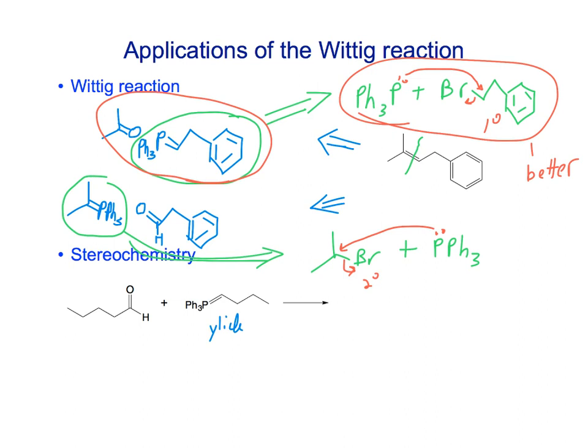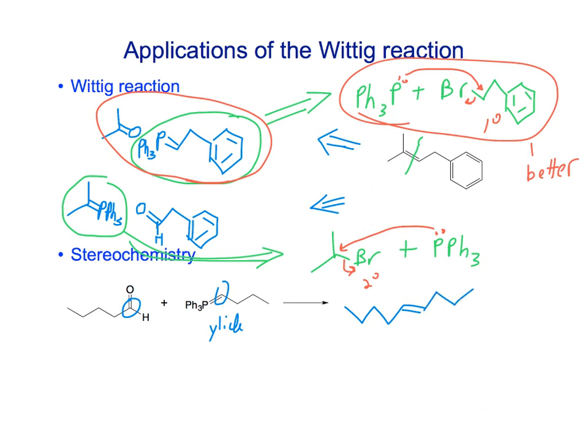All right, so if we draw these out, right, so we're going to make a double bond. We know that we're going to essentially combine the phosphorus and the oxygen, and we're going to connect this carbon to this carbon right here. All right, so if we want to draw this out, we can draw it like this. So there's 1, 2, 3, 4, 5. That's for the aldehyde on the left. 1, 2, 3, 4, 5. And we have 1, 2, 3, 4 carbons on the right, so we could go 1, 2, 3, 4.